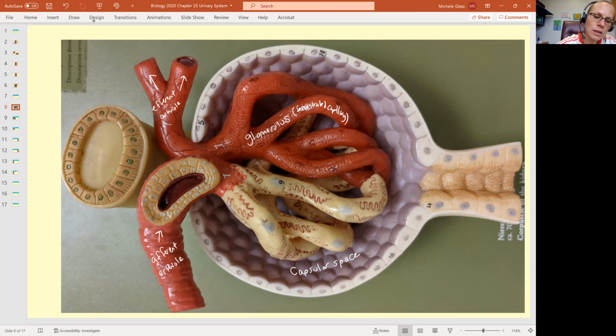And notice that the afferent arteriole has a large opening and a larger diameter, whereas the efferent has a smaller exit, smaller diameter. And that will be really important when we talk about the blood pressure and regulating the blood pressure inside the glomerulus. So then the kidney tissue that's encasing the glomerulus, that's what we're calling our Bowman's capsule or glomerular capsule.